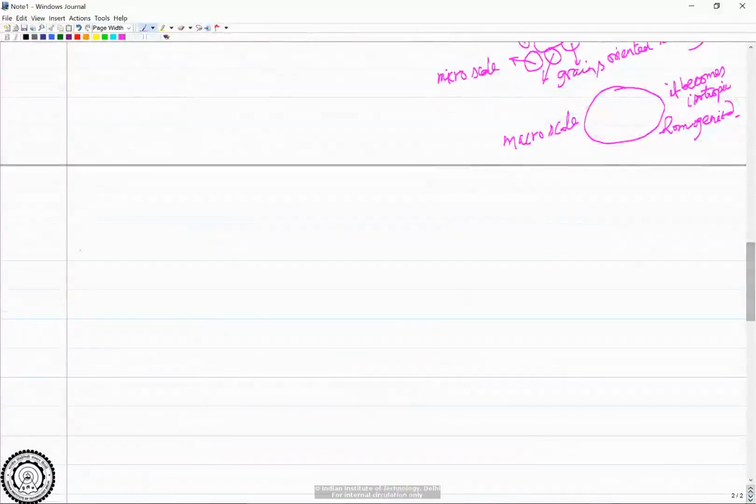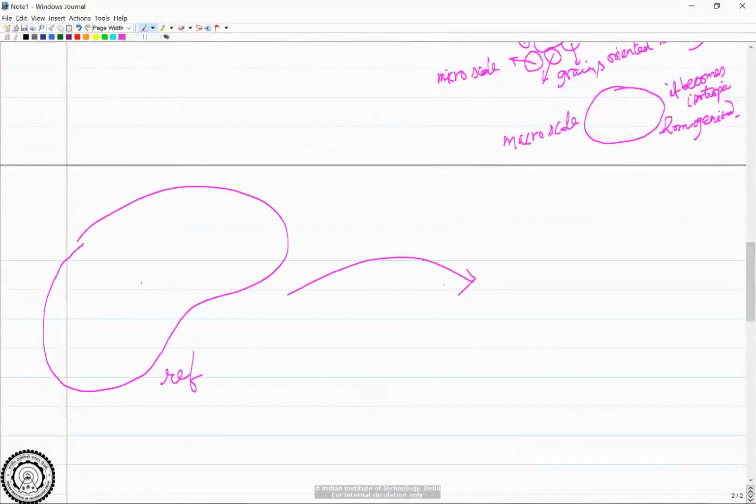So think of a material, and here's the reference configuration, and you subject it to some deformation f, okay, so that it changes like this. And think of a point x naught here.